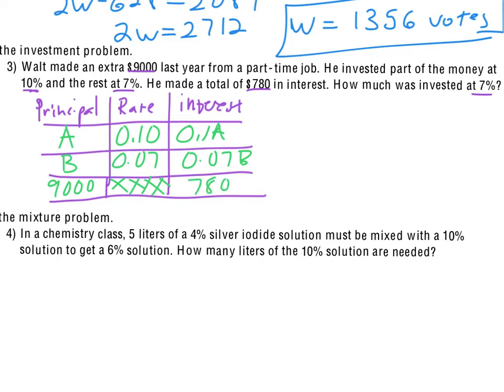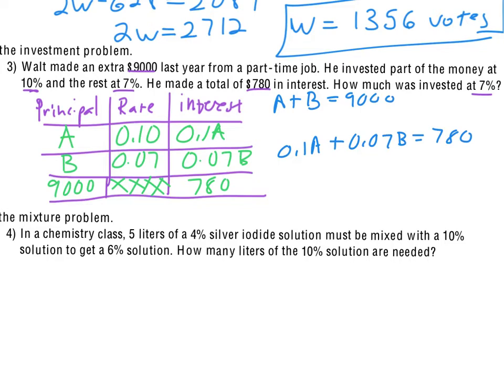So that really gives us two equations, one of which is A plus B equals 9,000, the other one being 10% of A plus 7% of B equals 780. Again, with these, I don't usually mind dealing with the decimals. You could obviously multiply by 100 to get rid of those.